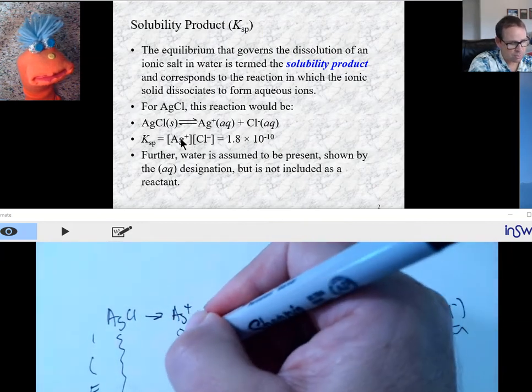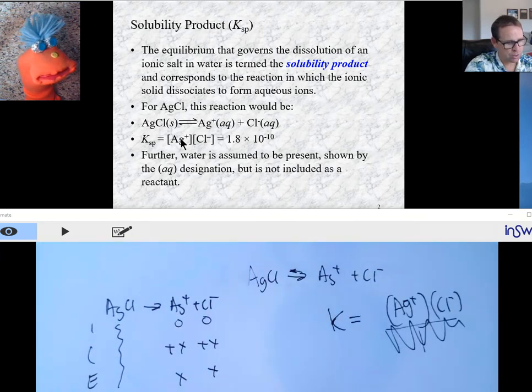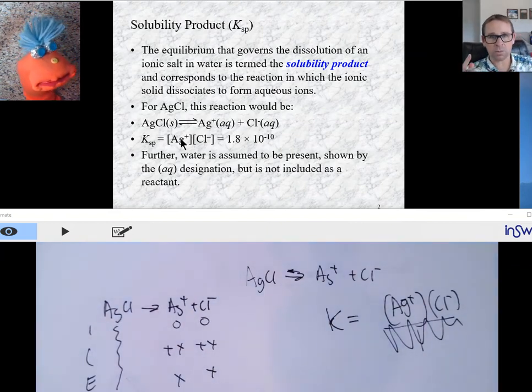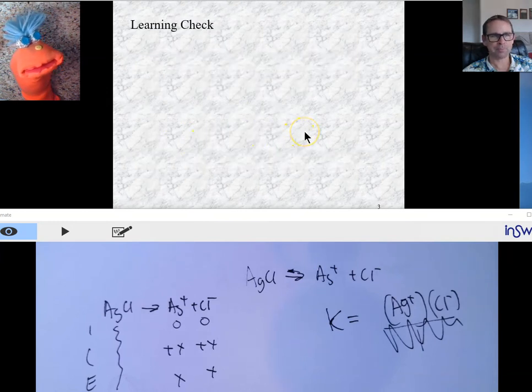The change is going to be plus x, and at equilibrium the concentration of silver ion will equal the concentration of chloride ion, because for every 1 unit that dissociates, you get 1 of each. So the actual concentration of silver or chloride ion will be x, which is the square root of 1.8 times 10 to the minus 10.